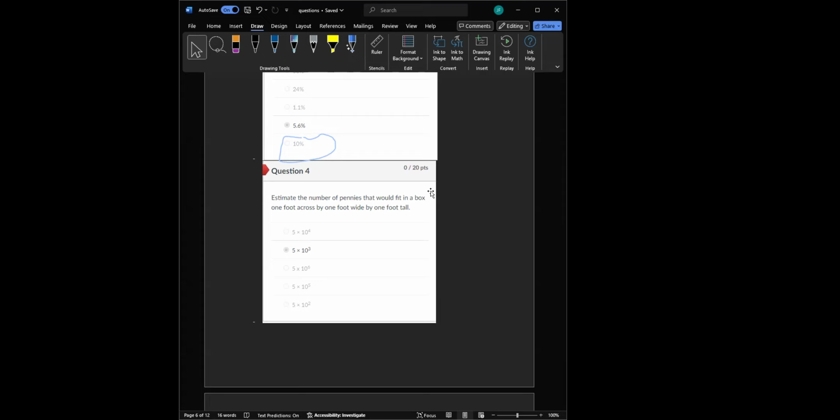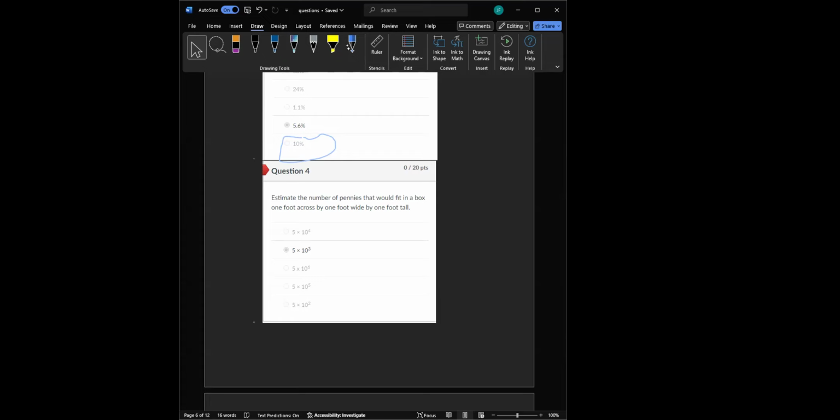Exactly. So how would you do it when taking into account the thickness?